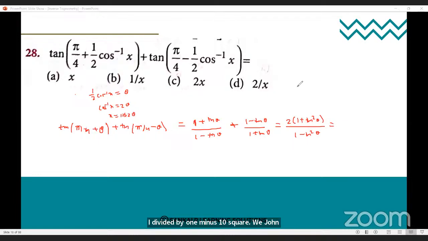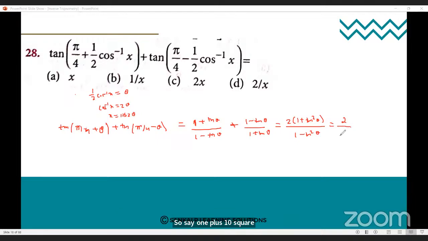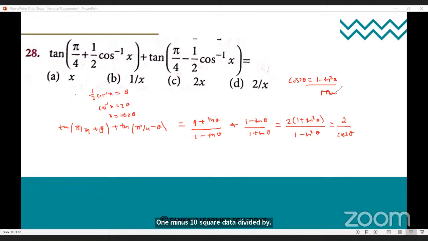Now (1 + tan²θ)/(1 − tan²θ) is nothing but 1/cos 2θ, since from trigonometry the formula of cos 2θ is (1 − tan²θ)/(1 + tan²θ).